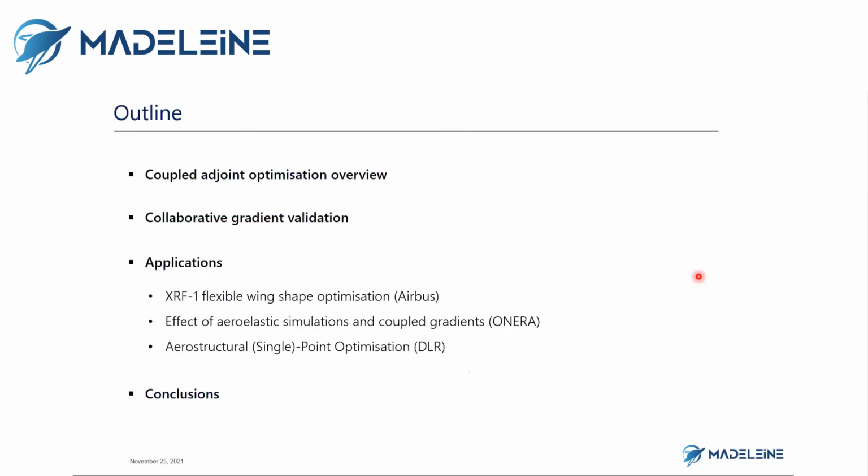And now we will present the coupled adjoint optimization overview, then the collaborative work on the gradient validation, and then the application made at Airbus, then at Onera, and lastly at DLR, and then some conclusions.